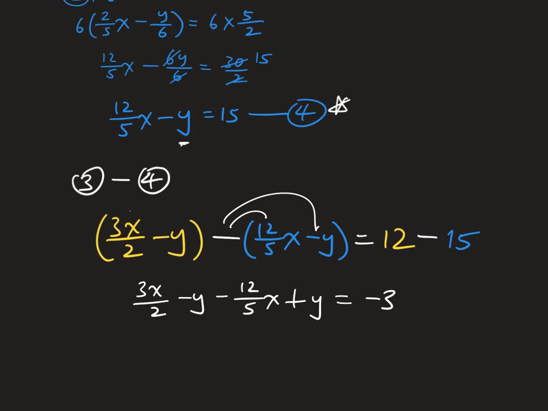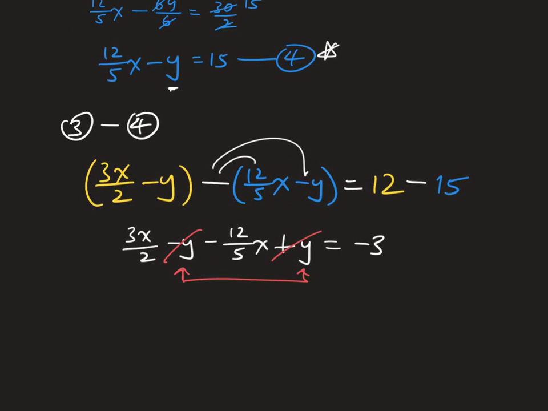Wow, over here, they cancel out. Positive y minus y gives me 0. And so the y's are gone: 3x over 2 minus 12 over 5x equals negative 3.